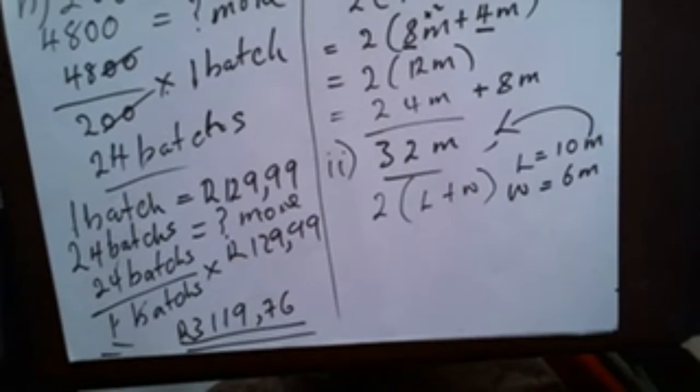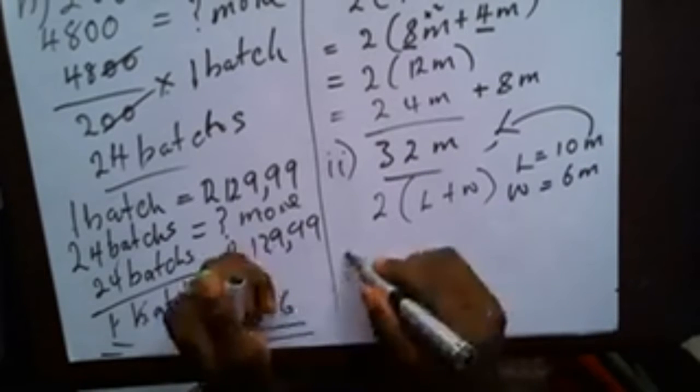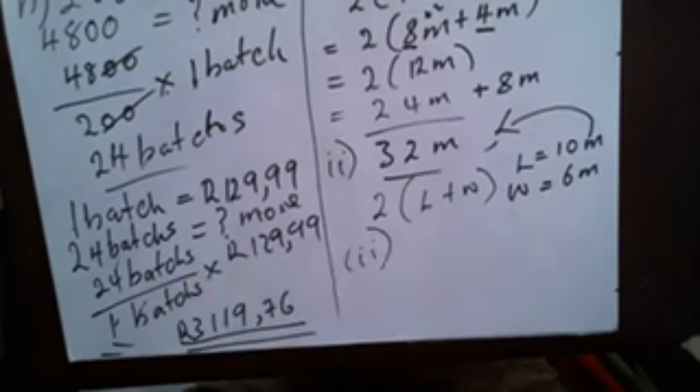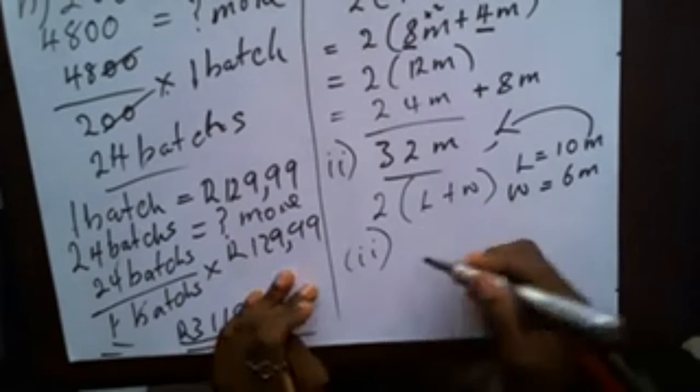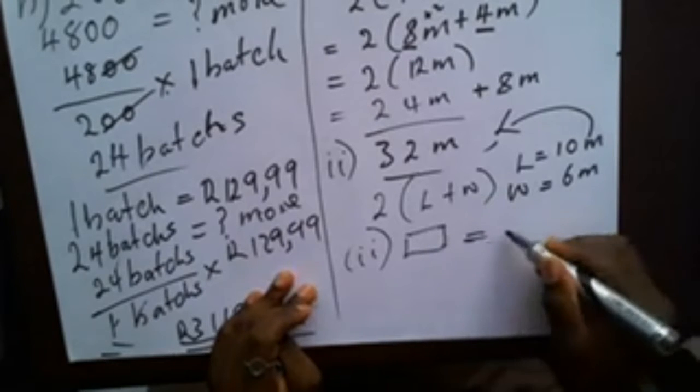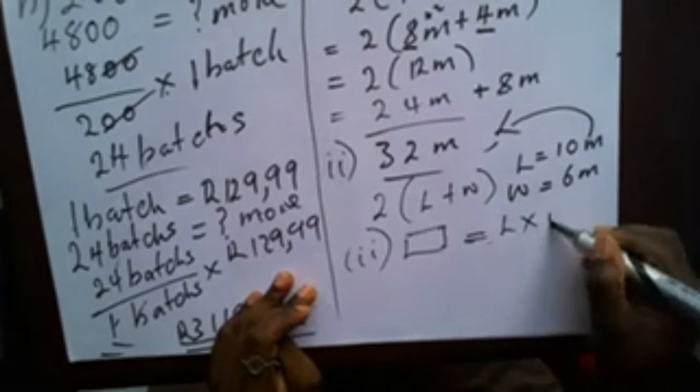Item 3, the area of the netting needed. For the area of the netting needed, we are using the actual dimensions of the swimming pool, the original values. That is 8 meters and 4 meters. Okay, so we know how to calculate the area of a rectangle, which is length times width.